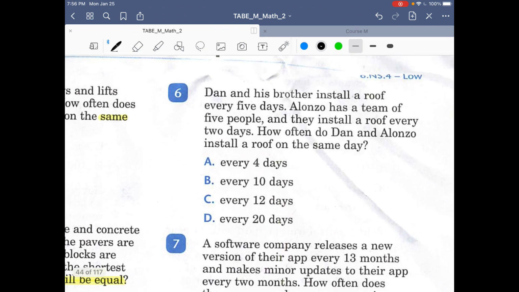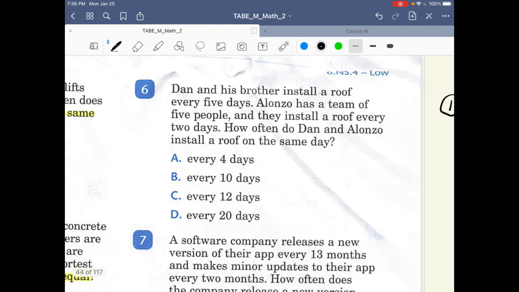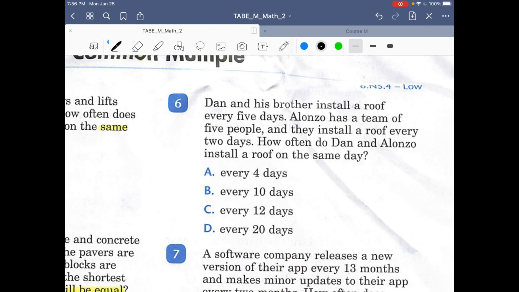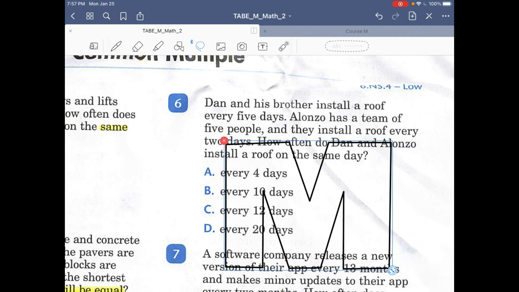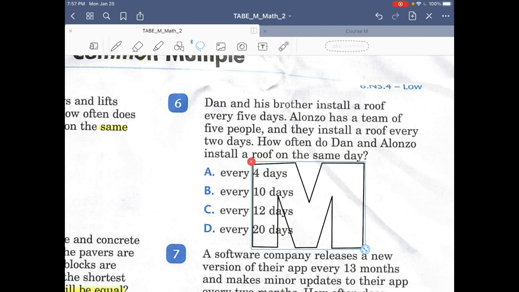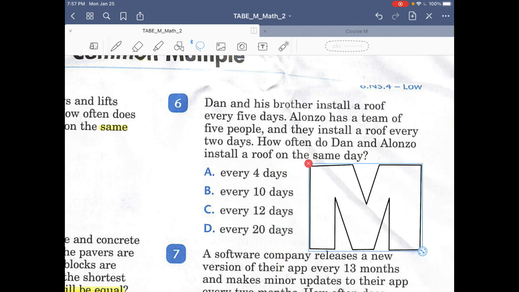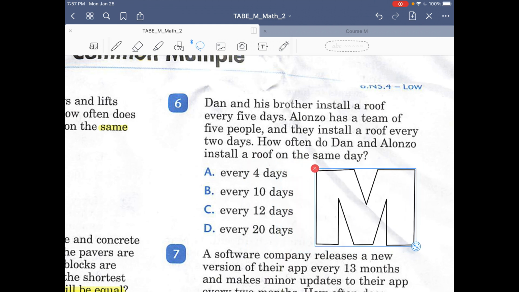Number 6. Dan and his brother install a roof every 5 days. Alonzo has a team of 5 people, and they can install a roof every 2 days. How often do Dan and Alonzo install a roof on the same day?